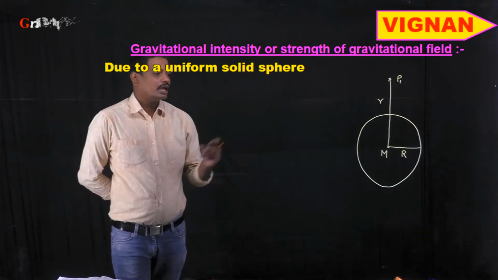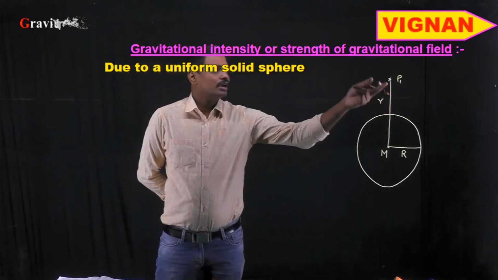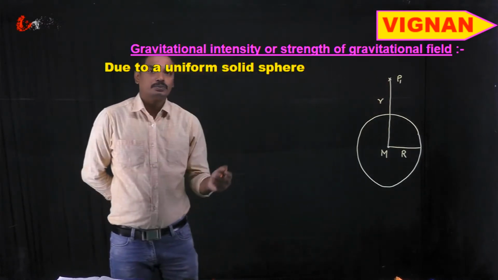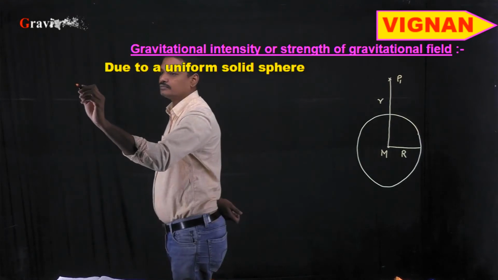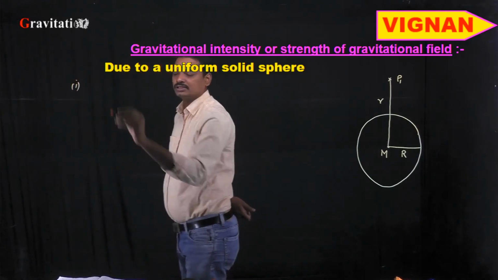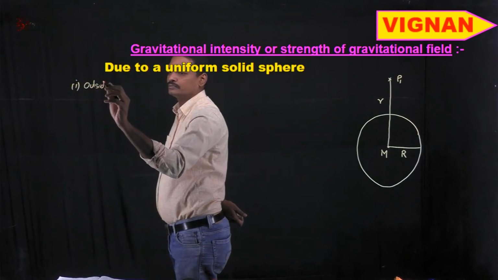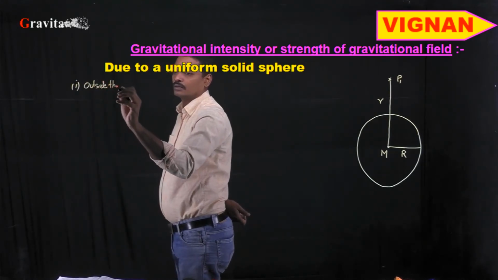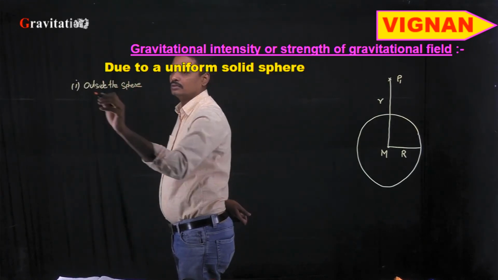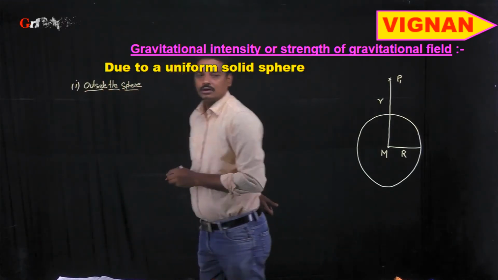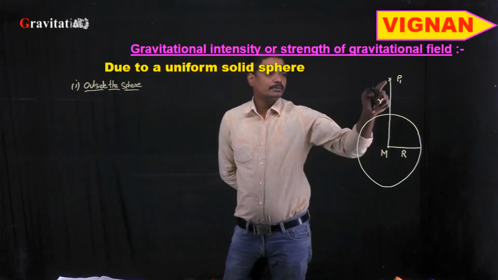Initially I need to calculate the gravitational intensity at a point outside the solid sphere, right? So the first case is outside the solid sphere. So the distance between them is r.